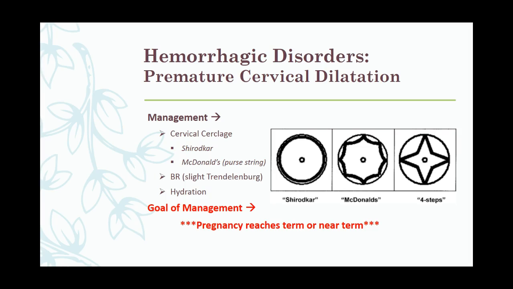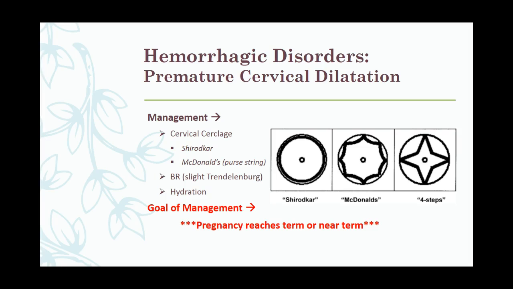Sometimes we can delay it for a few days or a few weeks to allow the baby to mature, and maybe give the mom steroids like betamethasone to help develop the baby's lungs if we know that this delivery is going to be inevitable. But the goal of our management is that their pregnancy reaches term, or at least as near term as we can get them.